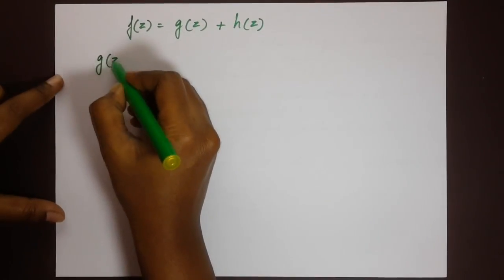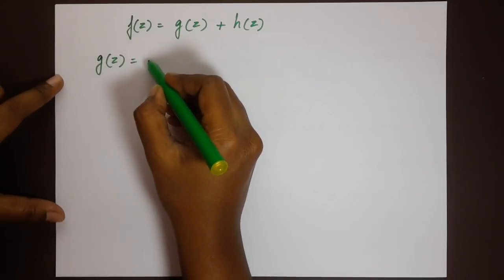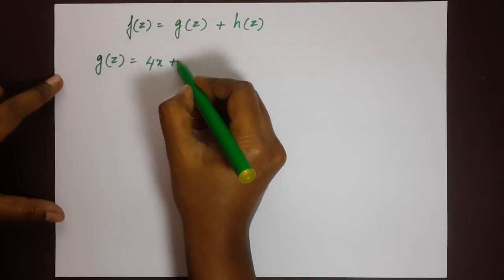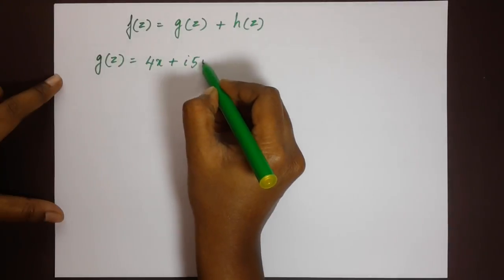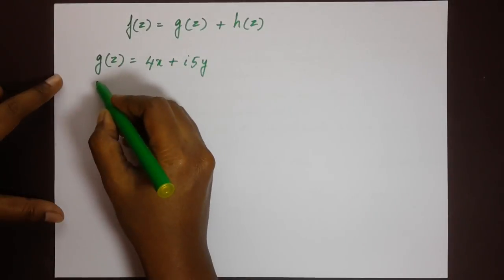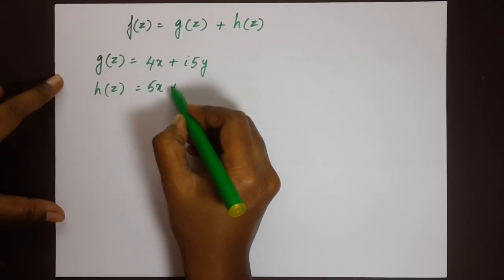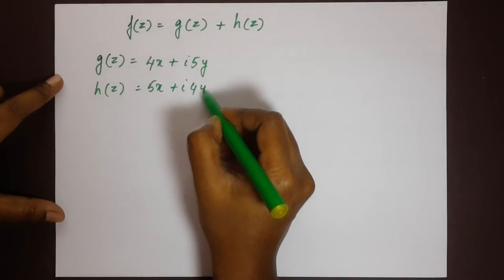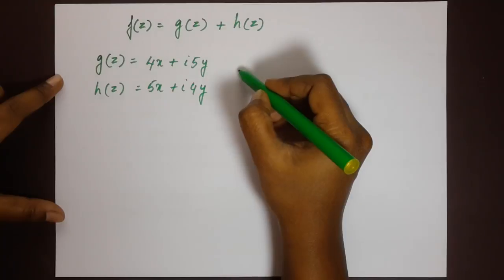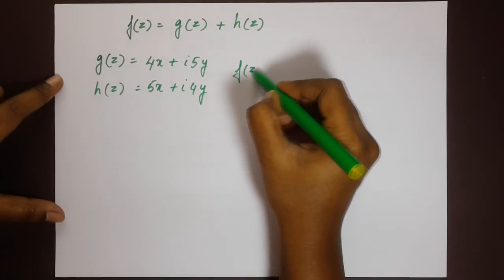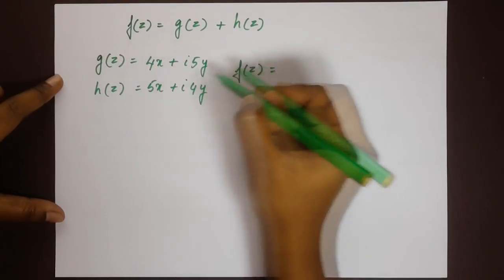Let g(z) be, say, 4x + i5y, and h(z) be 5x + i4y. So what would f(z) be now? f(z) is the sum of the two.